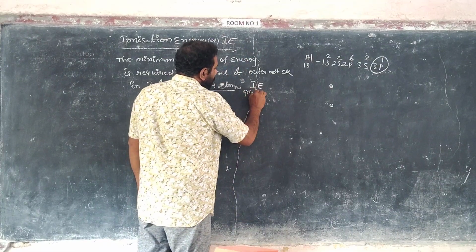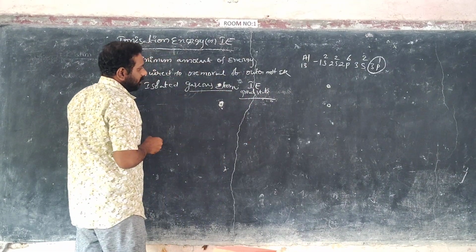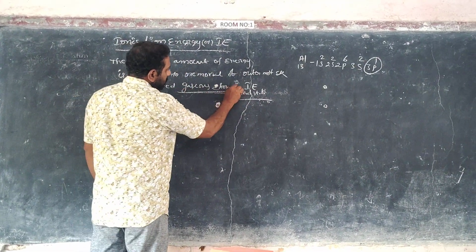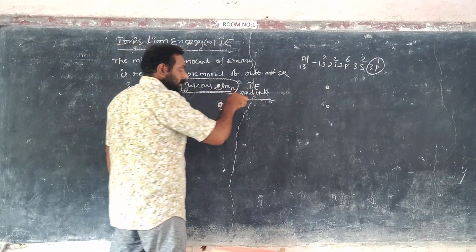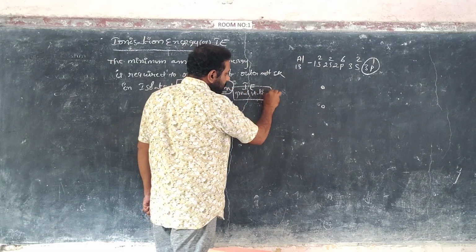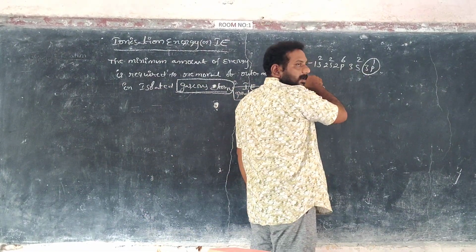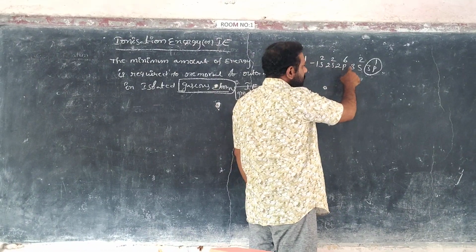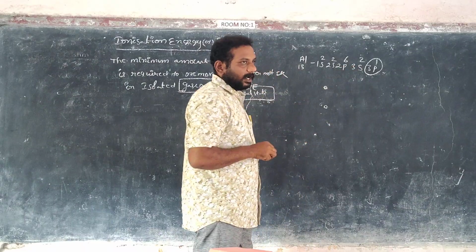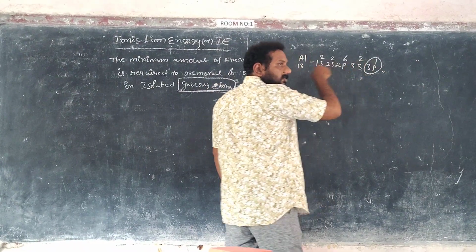Two more important points in ionization energy, removal of electron. First, the atom is a gaseous atom. Second, the gaseous atom is in the ground state. In the ground state, aluminium's electron configuration is 1s2, 2s2, 2p6, 3s2, 3p1, and the outermost electron is removed.